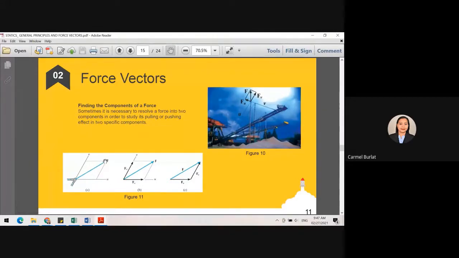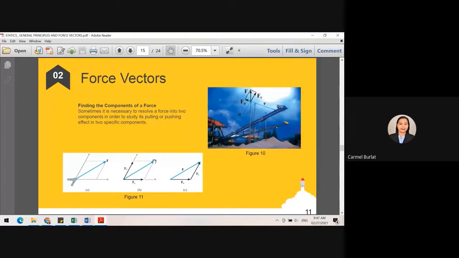Kani siya nga force F can be resolved or can be broken down into two components. So you have your FV here and FU. So if you do the parallelogram law, mao ni siyang mahitabo, di ba? Na kay F nga resultant.